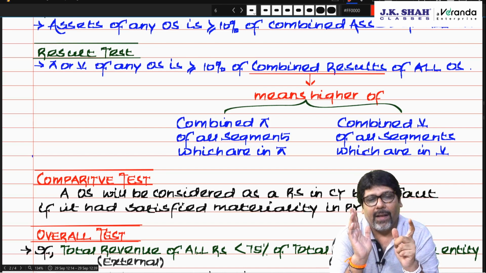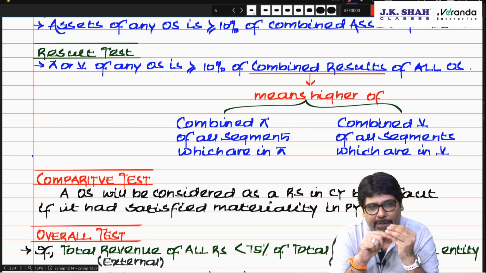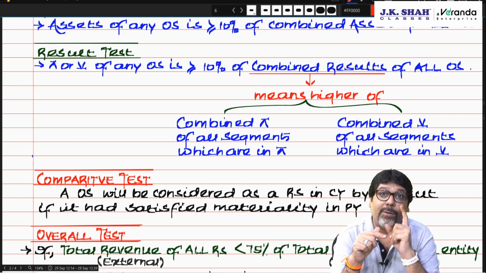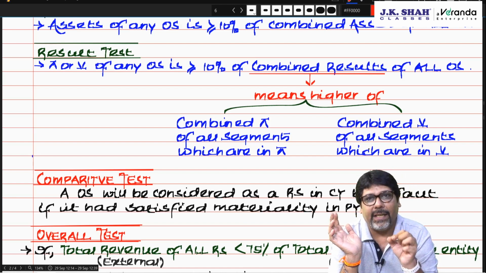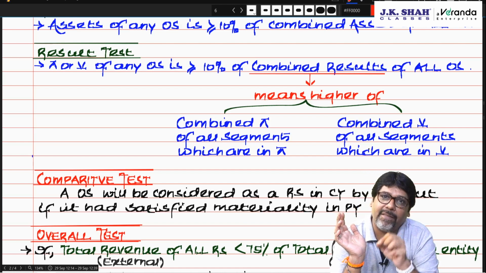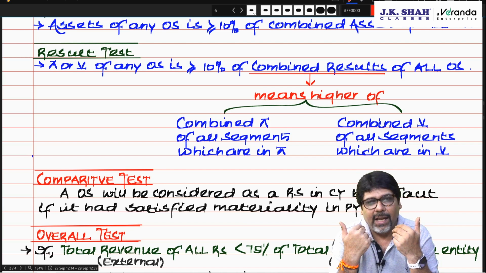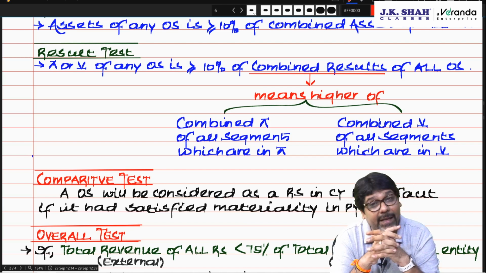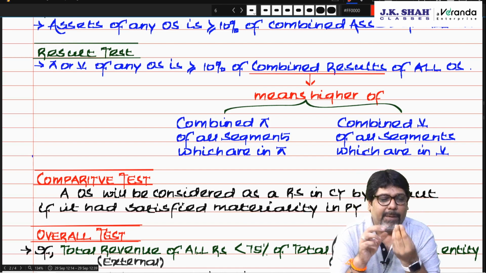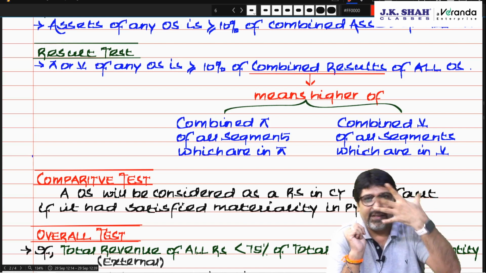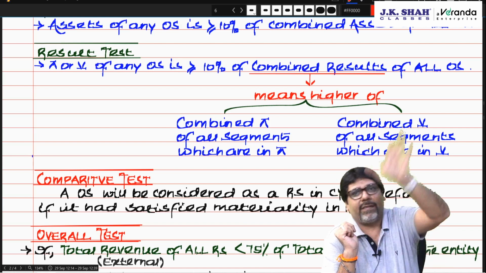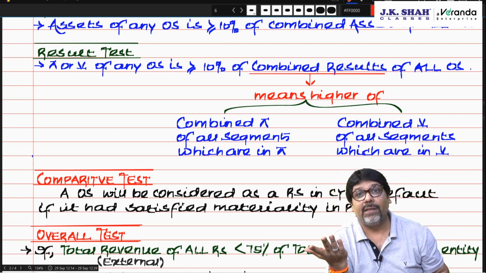Correct? Total external revenue of the reportable segments should be greater than or equal to 75% of the revenue of the entity. Revenue of the entity by default is external revenue only. Am I clear?